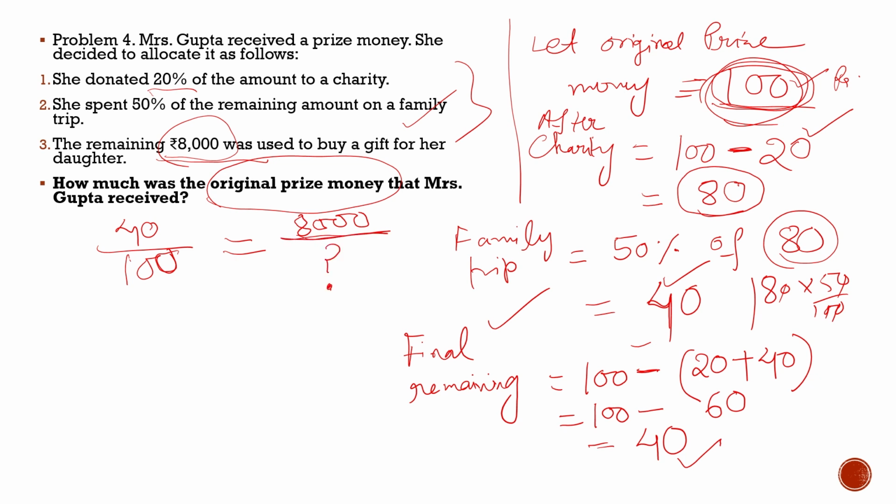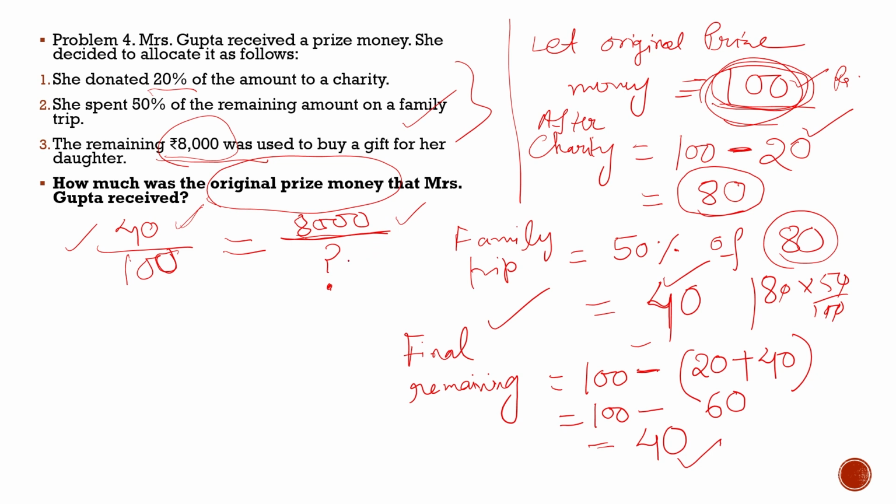This kind of problem we have solved earlier under proportion, applying the proportionality formula. Here one ratio is given, which is 40 by 100, and here another ratio is given where we don't know the second term.